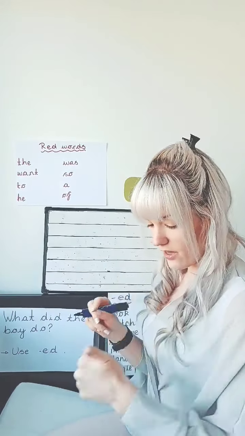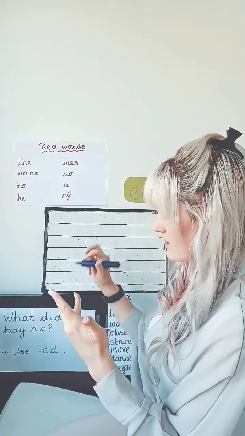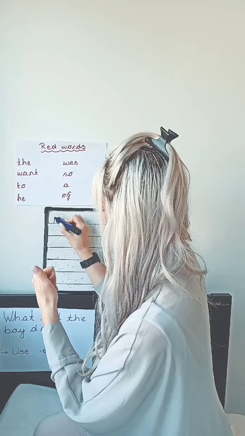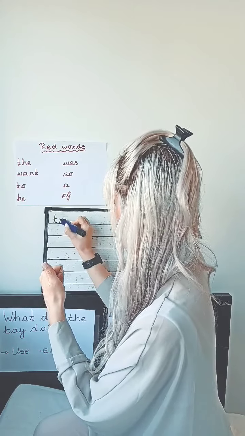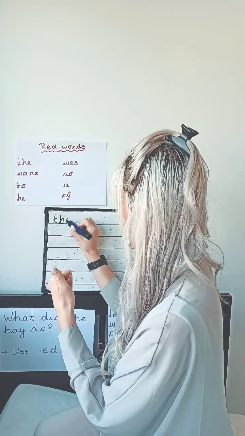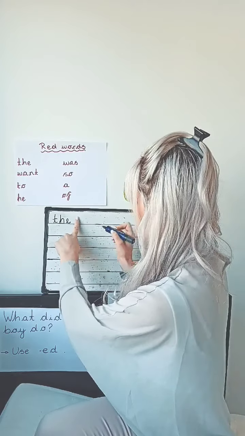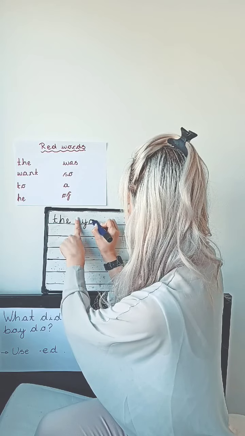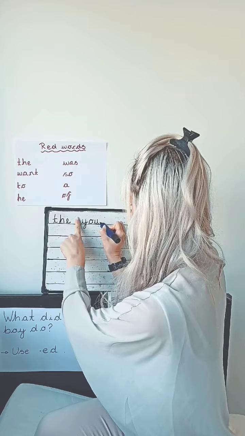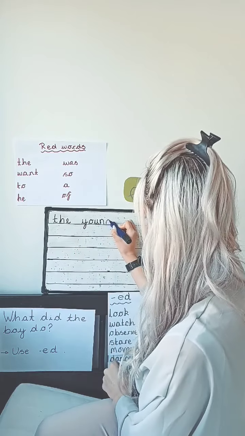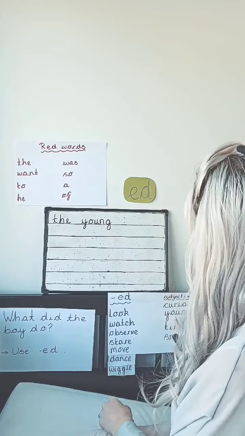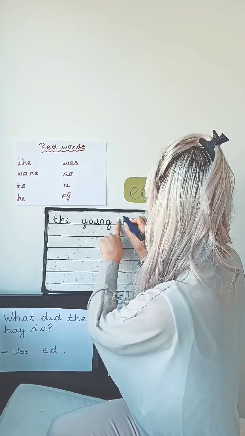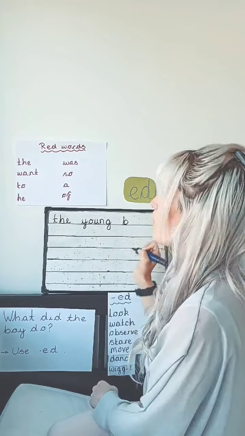Now, the young boy wanted. What was the first word? The. Finger space. Young. The young. Let me just check. Young. The young. Finger space. Boy. The oi.